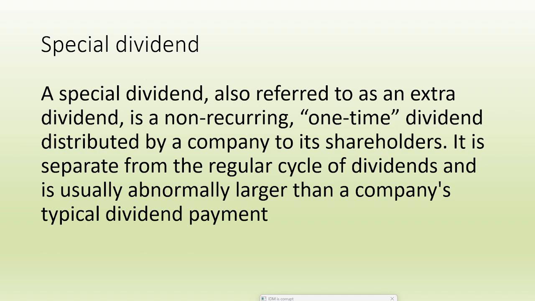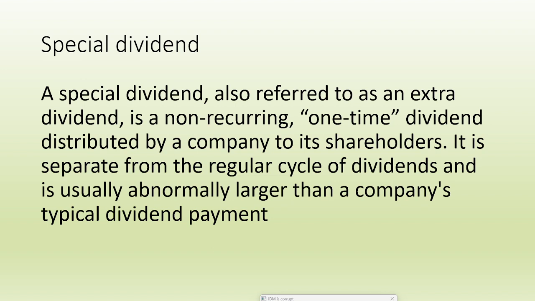Then we have a special dividend. Special dividend is also referred to as an extra dividend. Okay, it's an extra dividend which is non-recurring. It can be only a one-time dividend distribution by the company to its shareholders. It may be given occasionally, not every time. It is distributed by the company to its shareholders, separate from the regular cycle of dividends.